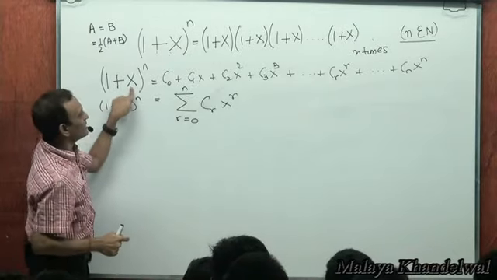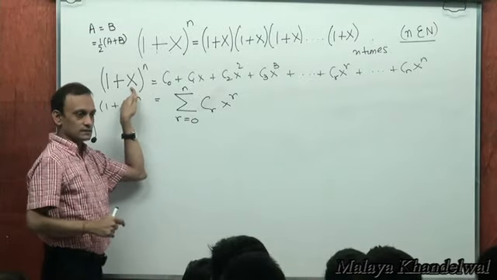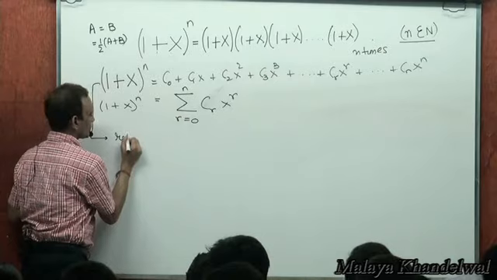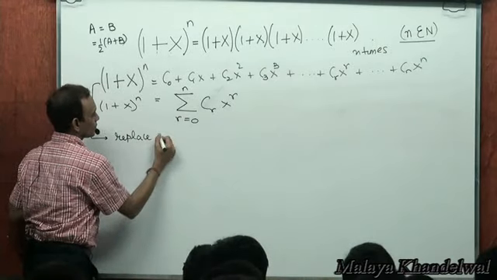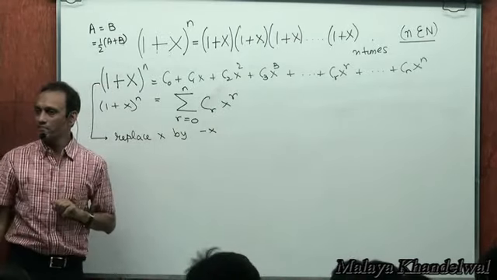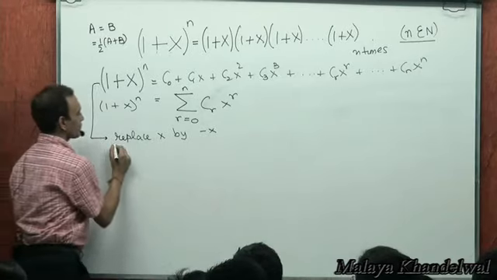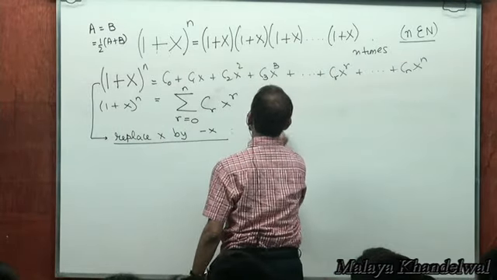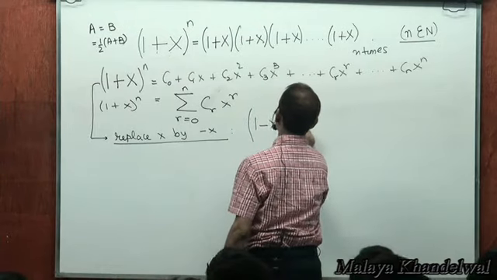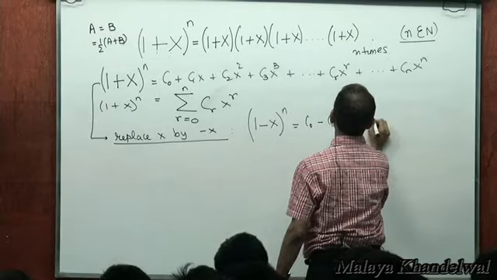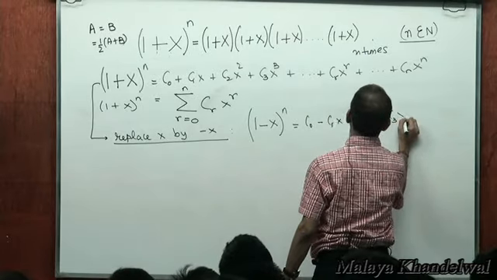In this case, replace x by minus x. Replace x by minus x, okay? Then you get 1 minus x to power n is C0 minus C1 x plus C2 x squared minus C3 x cube.